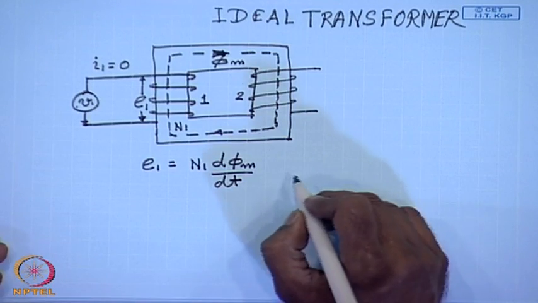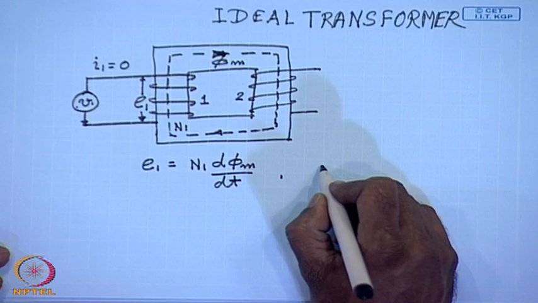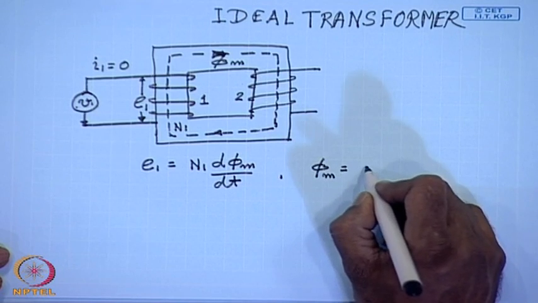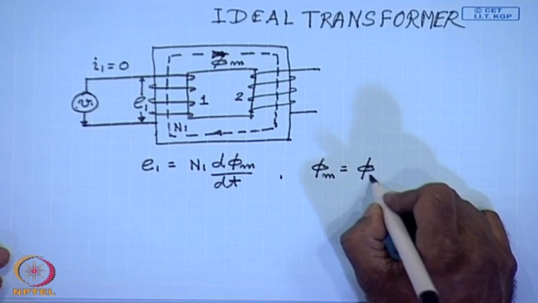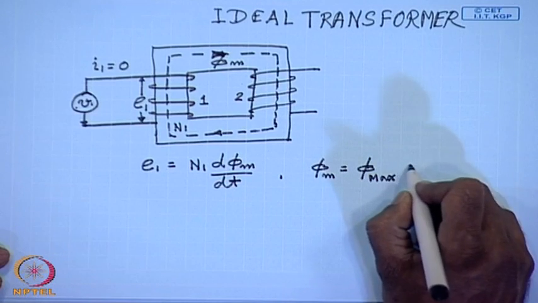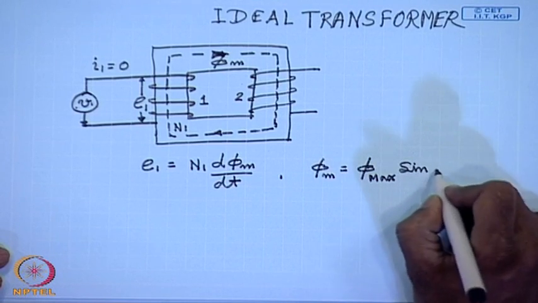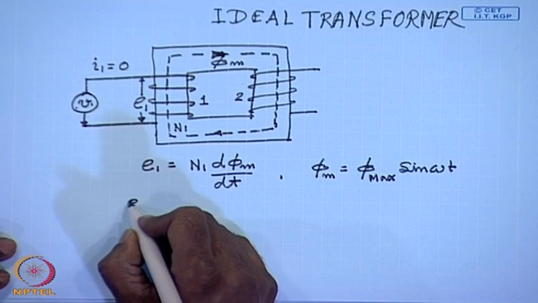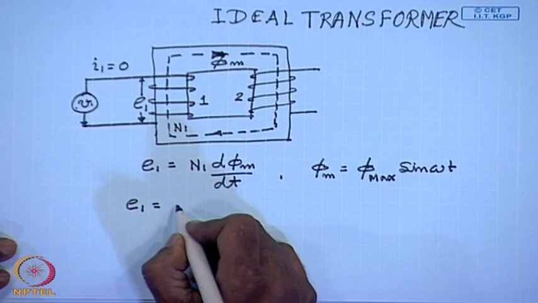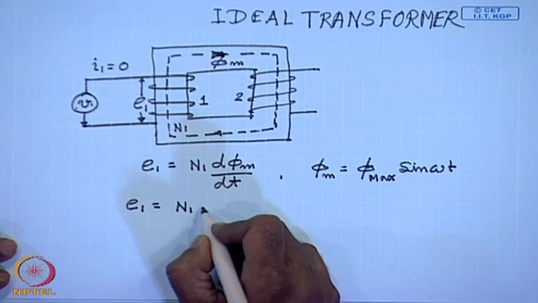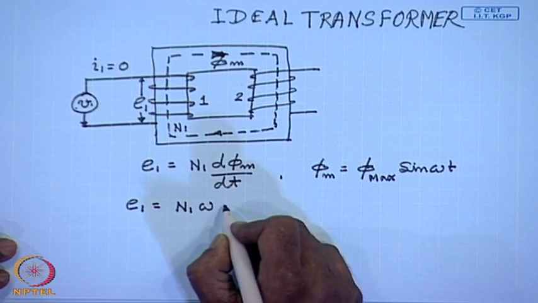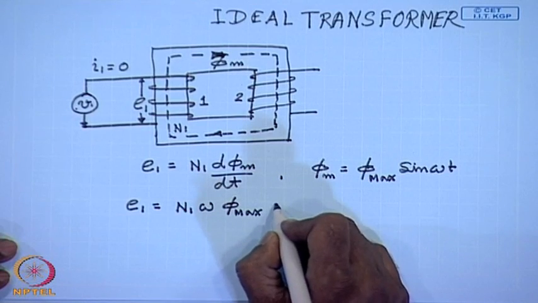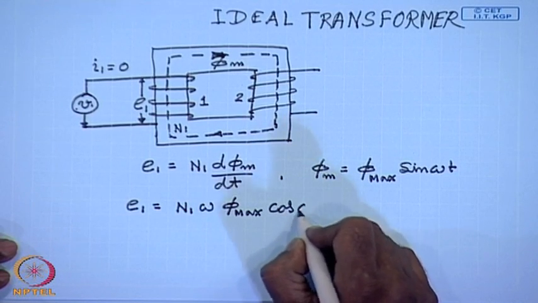Let us assume that phi m in steady state is given by the expression phi max sin omega t. Then E1 is equal to N1 omega phi max cosine omega t.